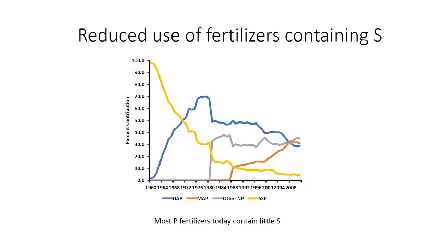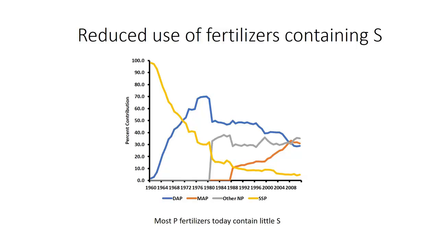Another factor influencing how much sulfur we are putting in the soil and removing is a reduction in the use of certain fertilizers that used to contain a lot more sulfur. For instance, the yellow line is for single, or ordinary, superphosphate.